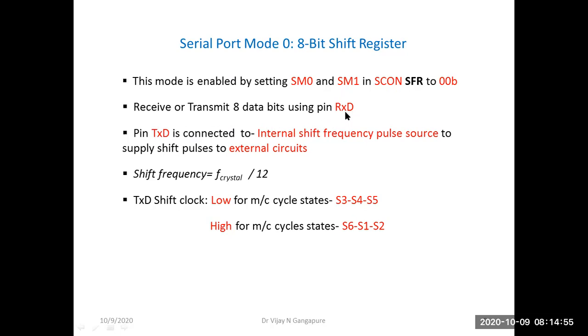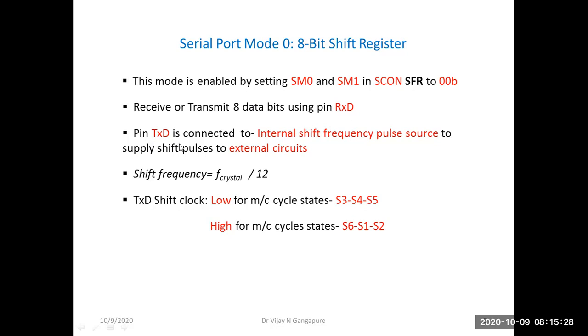Actually there are two pins available as a serial port of 8051, RxD and TXD pin. RxD pin is used for reception, and TXD pin is used for transmission, if we configure serial port of 8051 in UART modes, that is mode 1, mode 2 and mode 3. But in mode 0, reception and transmission can happen only on a single pin, and that is RxD pin.